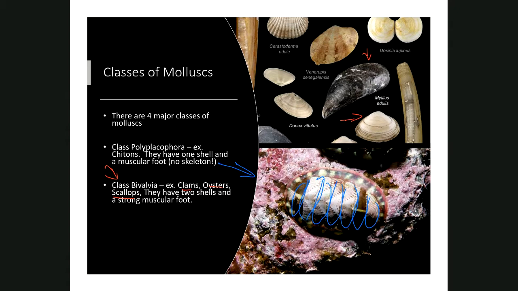All right, so they also have a mouth on the inside. We're going to take a look at the inside of a clam in a few slides so you guys can see. So you have bivalves and polyplacophorans. Oh, by the way, a good common name for the polyplacophorans are the chitons, and these are good common names for the bivalves.